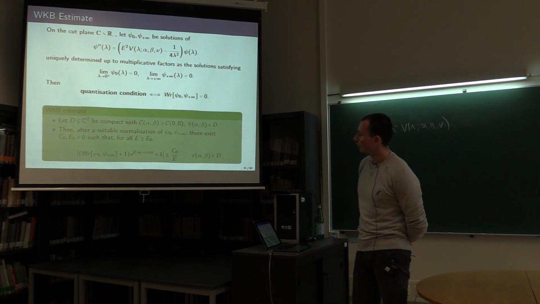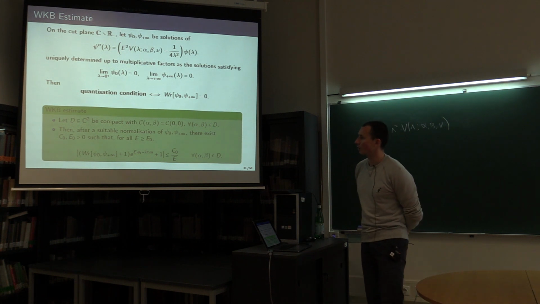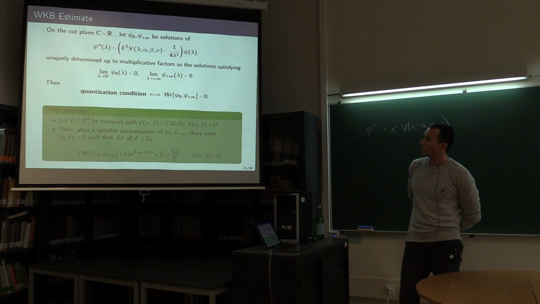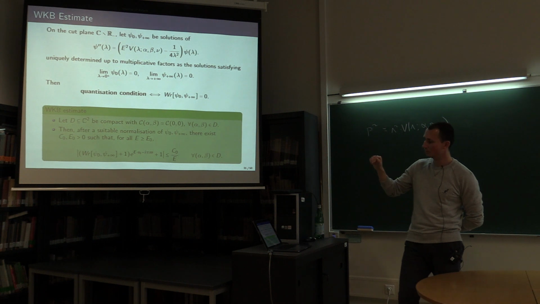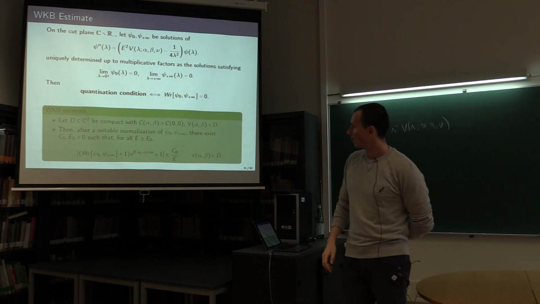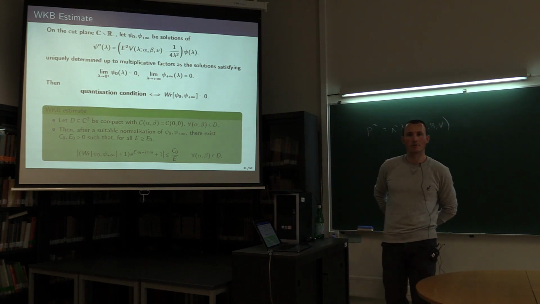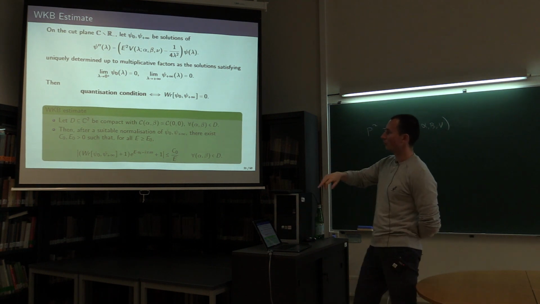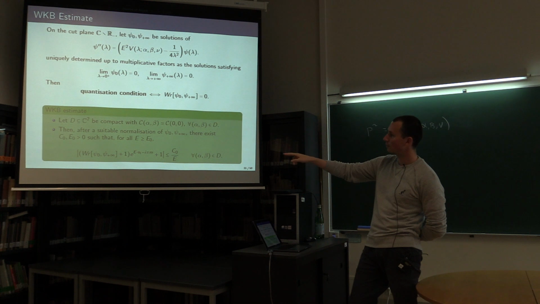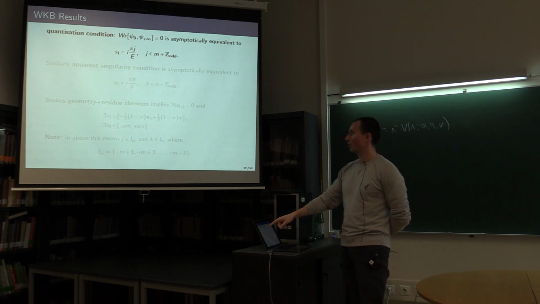So we have a uniform estimate of the Wronskian as E goes to infinity. And so what you see is that the quantization condition as E goes to infinity becomes a condition on the complete elliptic integral S1 that we see here. So if you let E go to infinity, the thing goes to 0, and then the quantization condition translates to this condition on the complete elliptic integral.